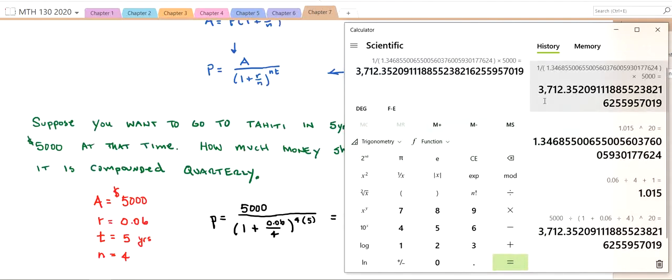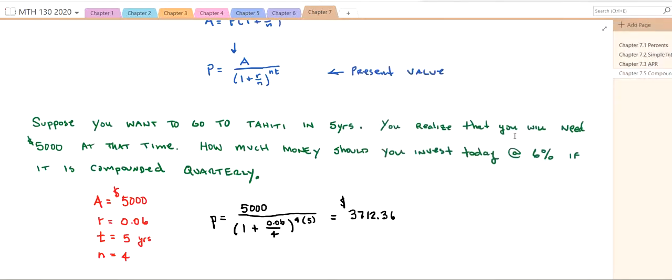And I get the same number, 3712.35, and we'll round up to 36. I'm rounding up because I don't want to be a couple pennies short and have to go begging next door for a couple pennies so I can take my Tahiti trip. Okay, so that finishes this section off.